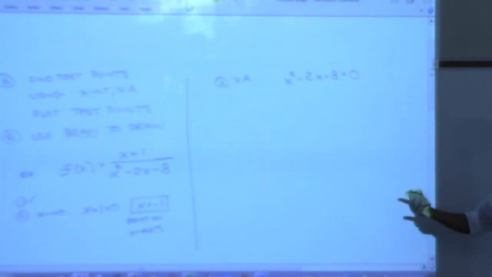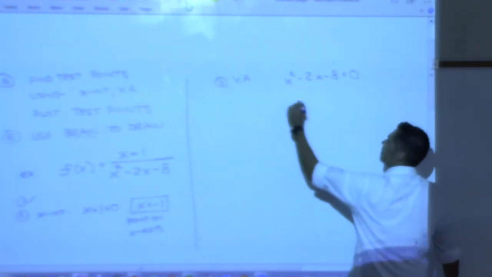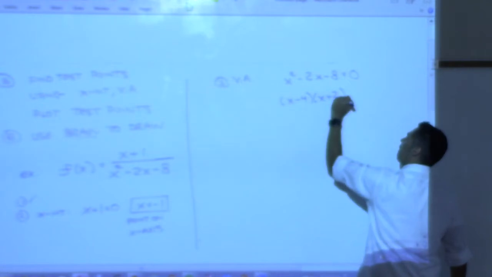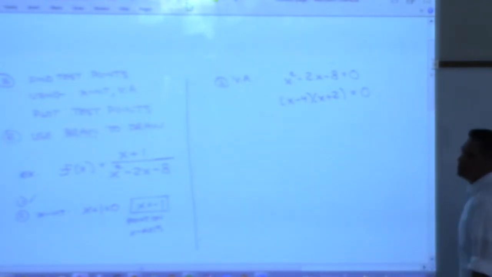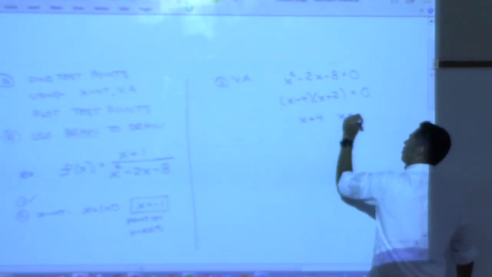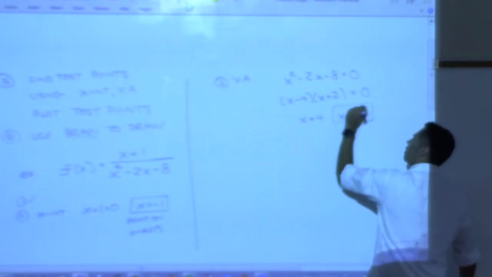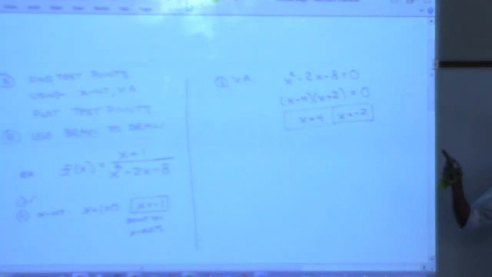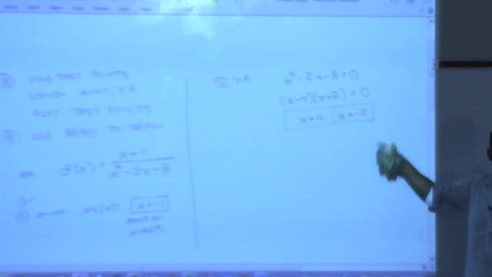I am going to factor it, only because it's faster for me that way. Factors like that, and that gives me 2 solutions, 4 and -2. Is everyone clear that you might have to use the quadratic formula there, and that might take you an additional couple of minutes?